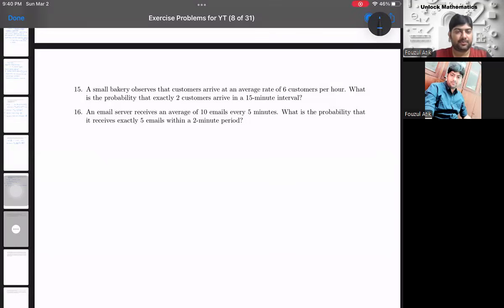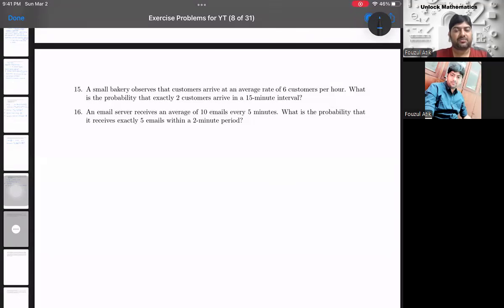By checking the statistical data, you have understood that the average is 6 customers, but the number of customers can be 0, 1, 2, 3, up to any number. So the average we know, and we have to find the probability that exactly some particular number of customers arrive in some particular time interval. So definitely it will follow the Poisson random variable.